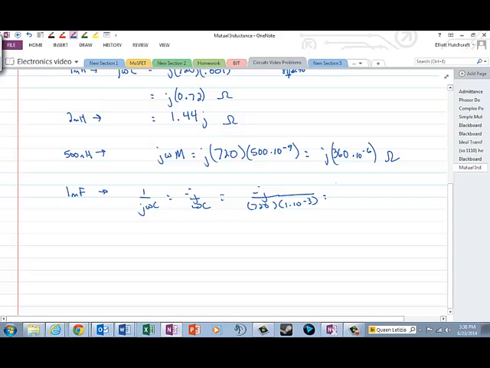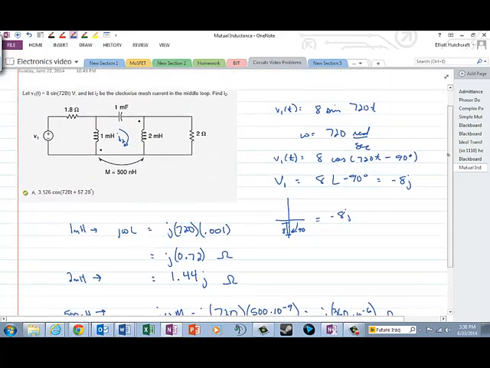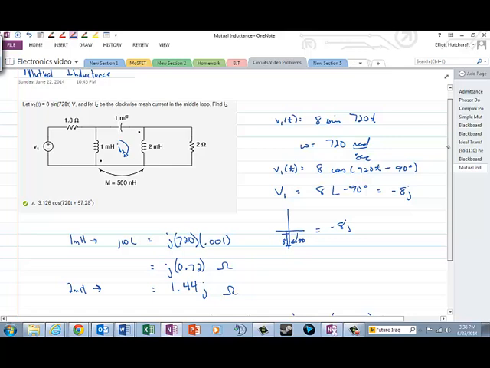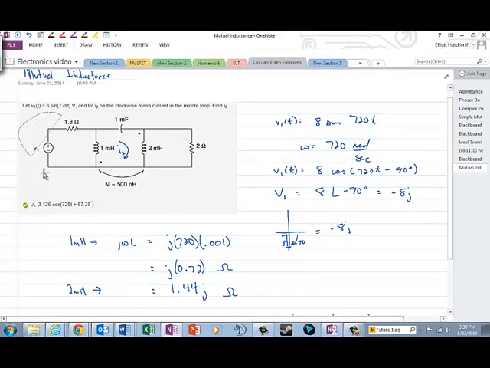This turns out to be minus j 1.39. Now that we've got everything in the phasor domain, we can copy this circuit and draw it as if we were in the phasor domain.